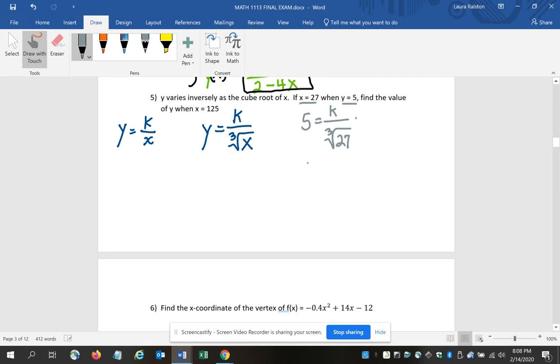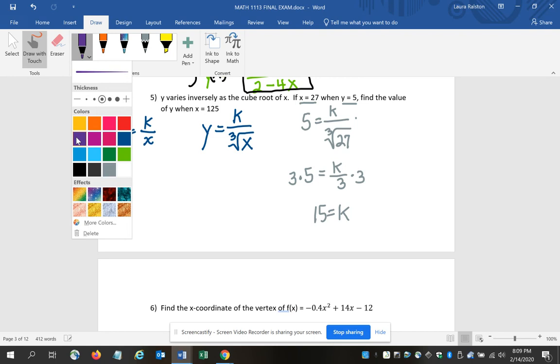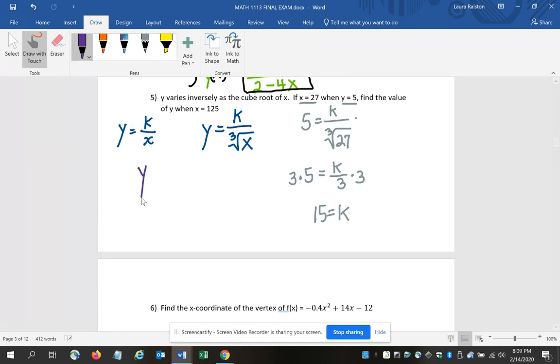The cube root of 27 happens to be 3, so that's 5 equals k divided by 3. I'm going to multiply both sides by 3, so k is 15, which gives me the formula, if you want to think about it that way, of y equals 15 over the cube root of x.